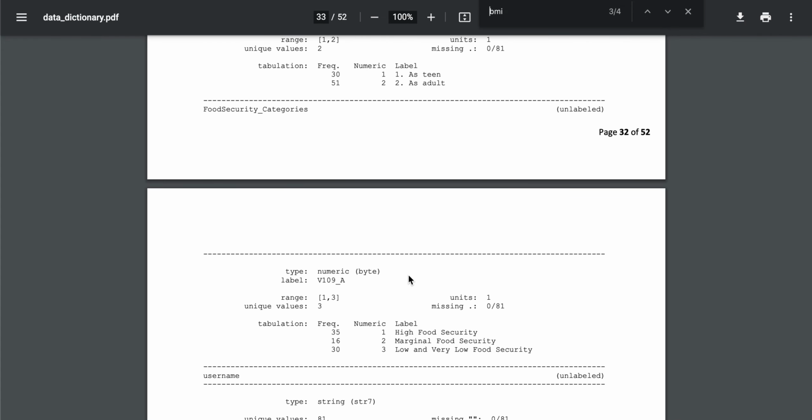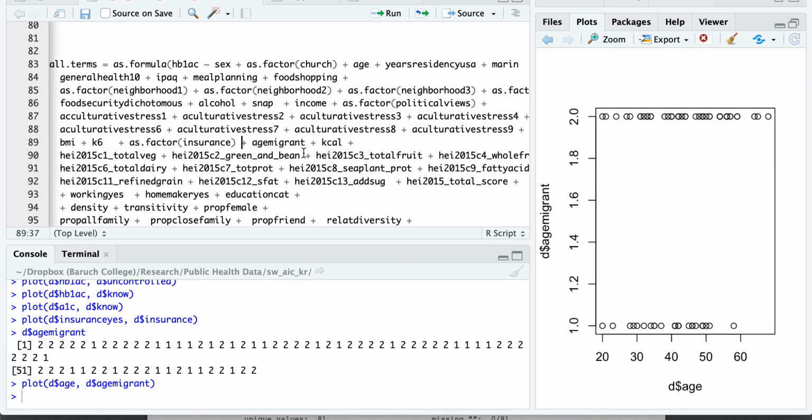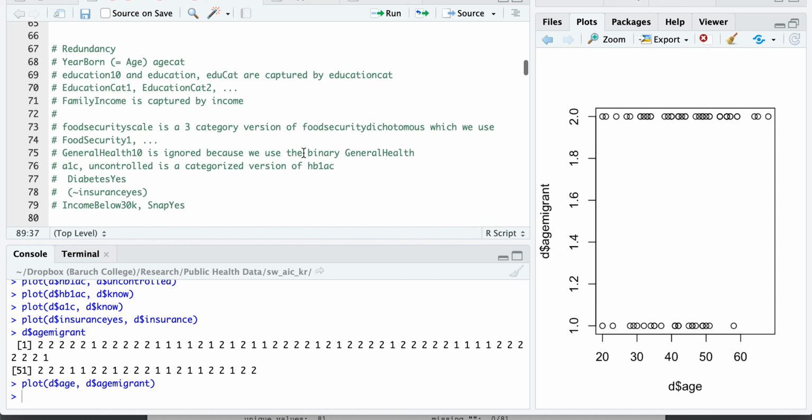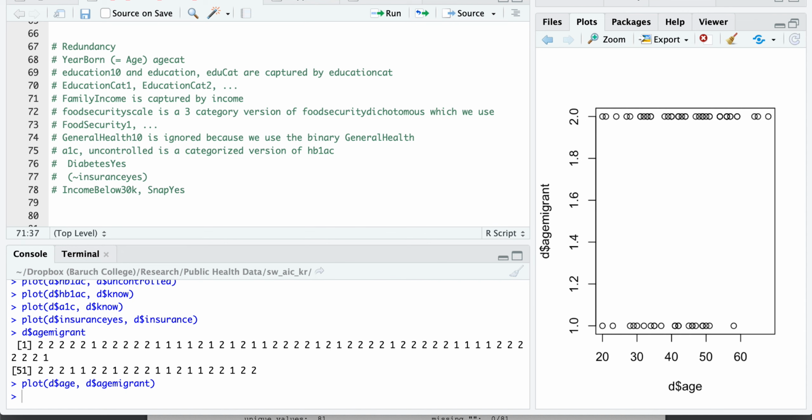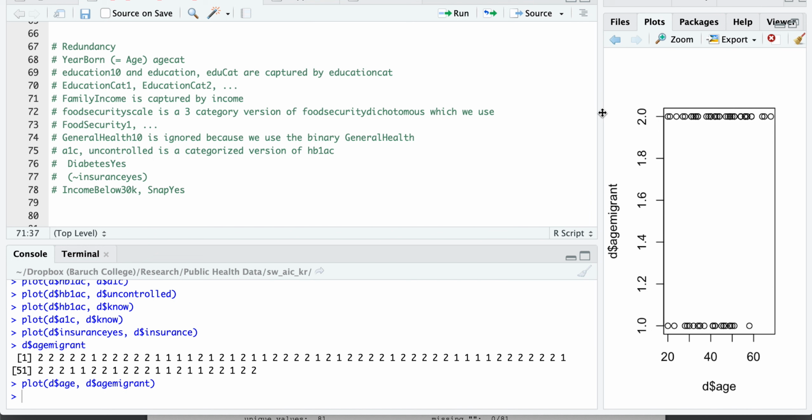So we have food security categories. It's these categories: marginal, low, very low, and okay, so we are ignoring this because it's the 3 category version of food security dichotomous.